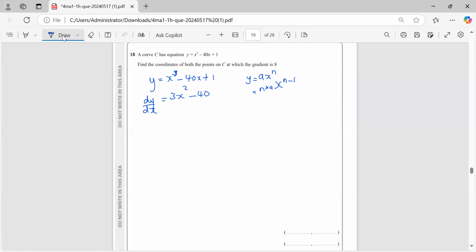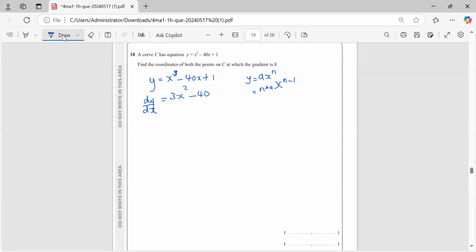If there's no x, then there's nothing actually over here. So the first derivative is actually the gradient. If you substitute a certain value of x in this equation, you're going to get the gradient. So dy/dx is the gradient of the curve.